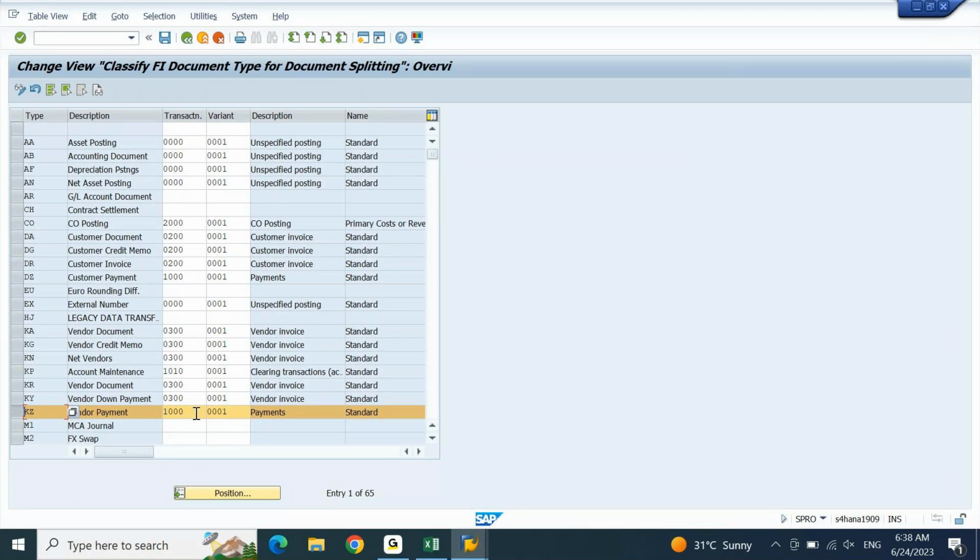But instead of 1000 0001, let me try to use this one: clearing transaction, the document type which contains a clearing transaction. I am going to use this one, KP. I can change it for KZ also, but I'm not changing it right away. I'm going to take the document type where the splitting transaction is 1010, which talks about clearing transaction.